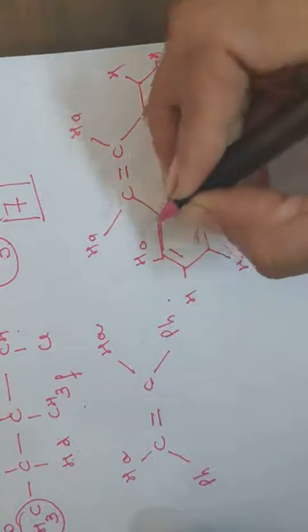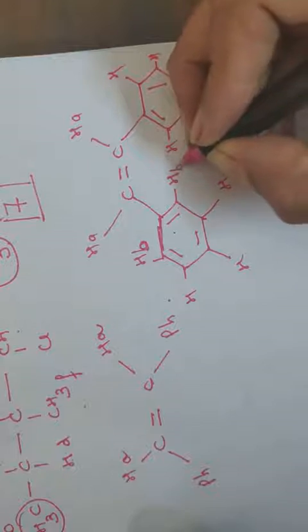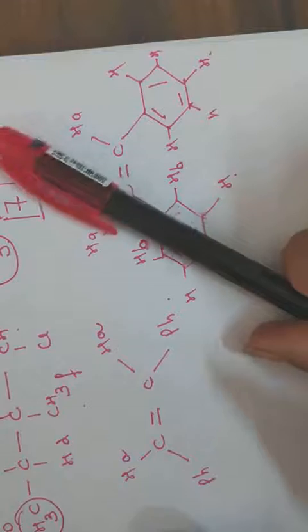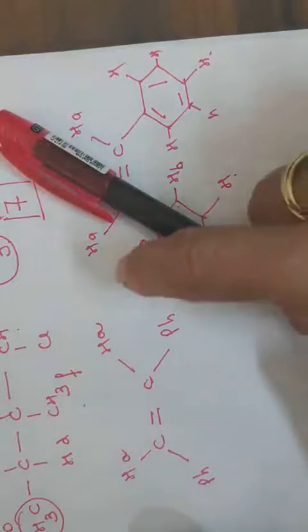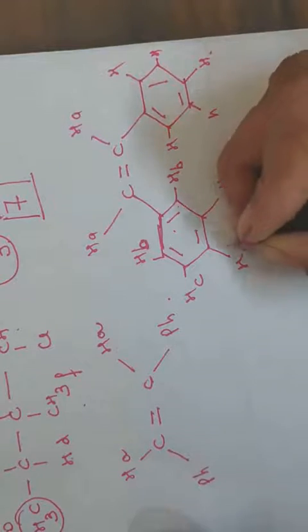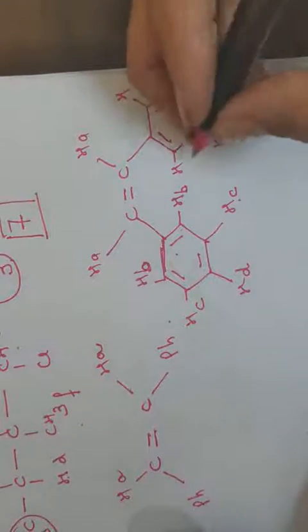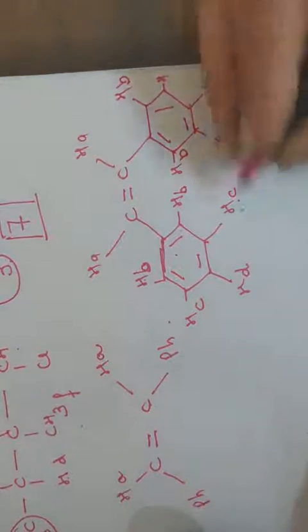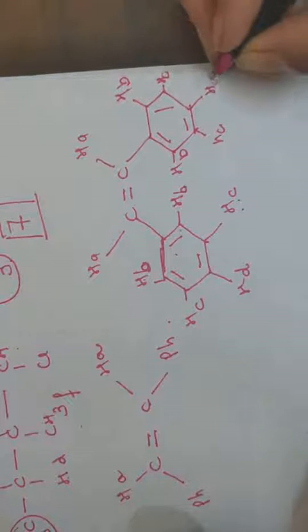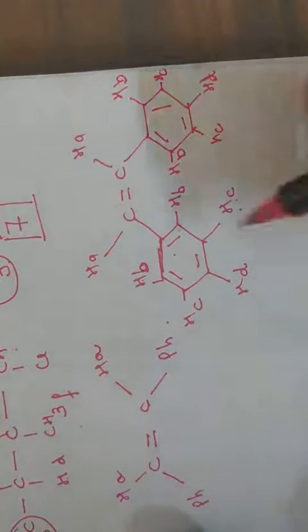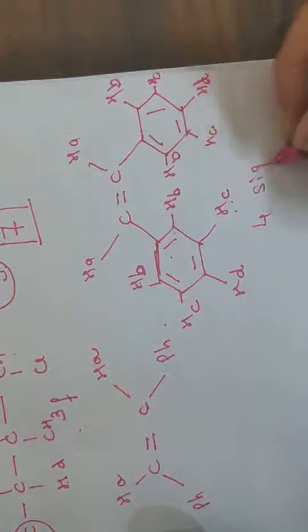If this proton is B, this proton is also B. Similarly, these two protons will be similar because if you put a plane here, this part and this part are mirror images of each other. So if this is C, this will be C, this is D. Similar is here: if these two ortho protons are B, then these will be B. Meta protons are C, this is C, and this proton will be D. So how many signals will you observe? You will see 4 signals.